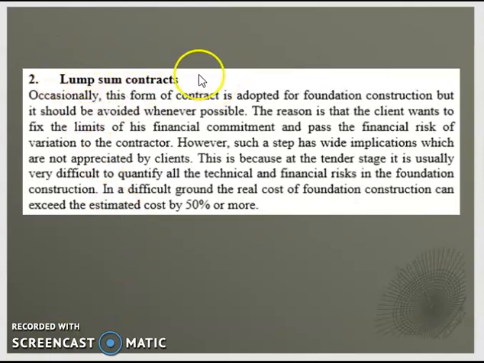Another problem is a lump sum contract. Occasionally this form of contract is adopted for foundation construction, but it should be avoided where possible. The reason is that the client wants to fix the limit of his financial commitment and pass the financial risk of the variation to the contractor. However, such a step has wide implications which are not appreciated by the client.